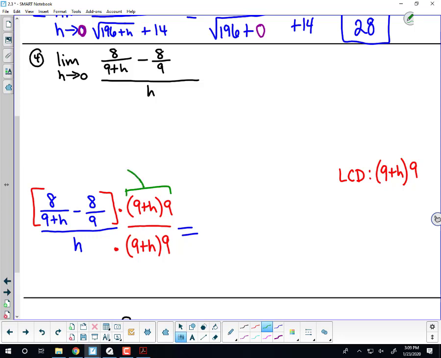This times this would give us what? 72. Yeah, if you need to think about this as 9 plus h over 9 over 1, and this is over 1. I don't know if that is conducive to think of it that way, but yeah. The 9 plus h cancels with this 9 plus h, and we just have this 8 times that 9.